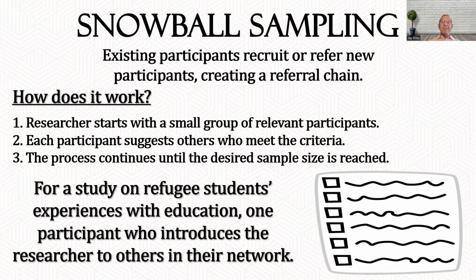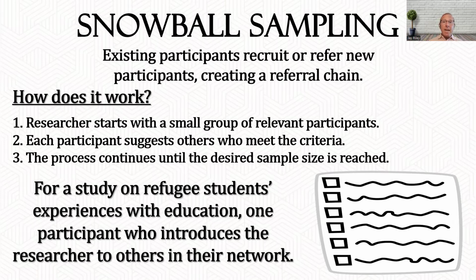Snowball sampling. So this is a very unique and interesting method of sampling, and this can be a very good, very appropriate method of sampling depending on who your population is, particularly when you're dealing with very vulnerable populations that might be unwilling to initially agree to work with you.